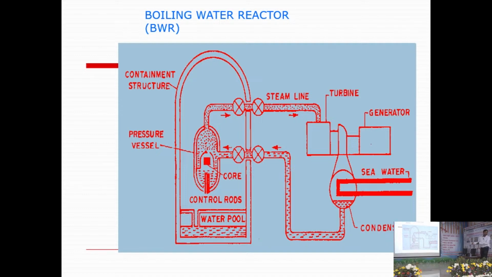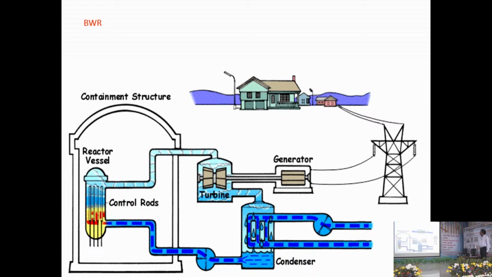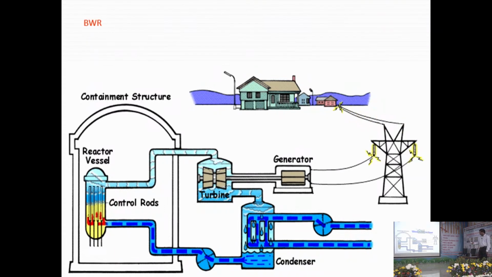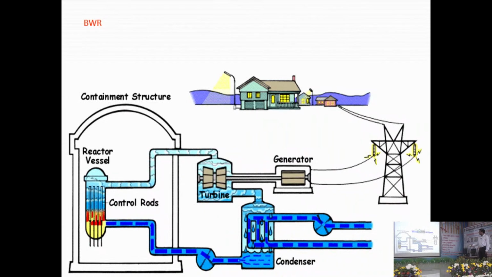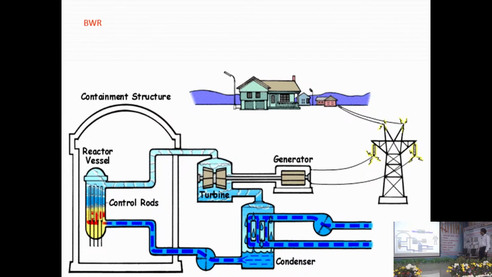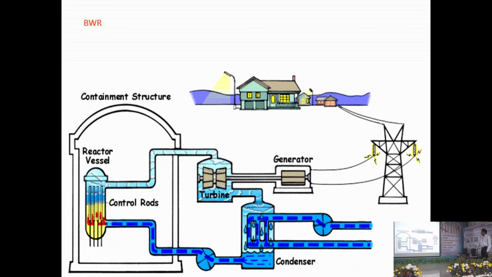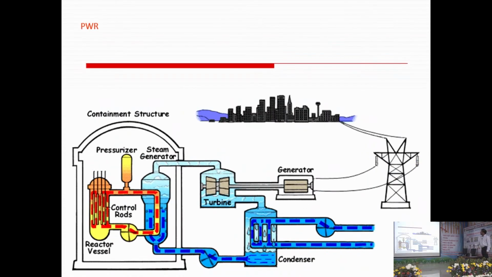This is the schematic picture of BWRs. The power will be generated here, it will go to the turbine, and from the turbine power will be generated, and it will go to the grid, and that is where we get the power for our lights. Some schematic picture only I mentioned here. Now it is the PWRs.